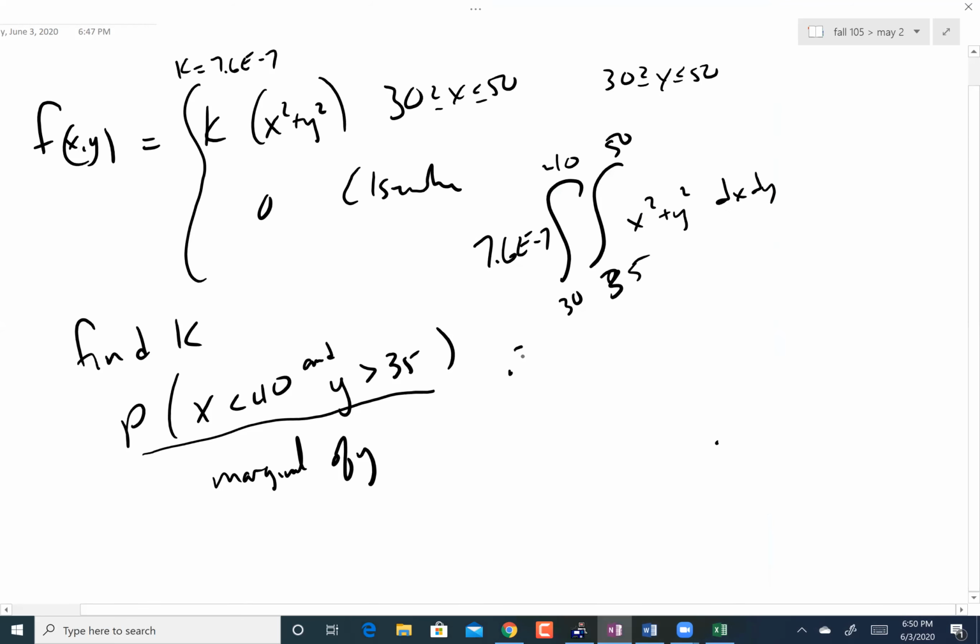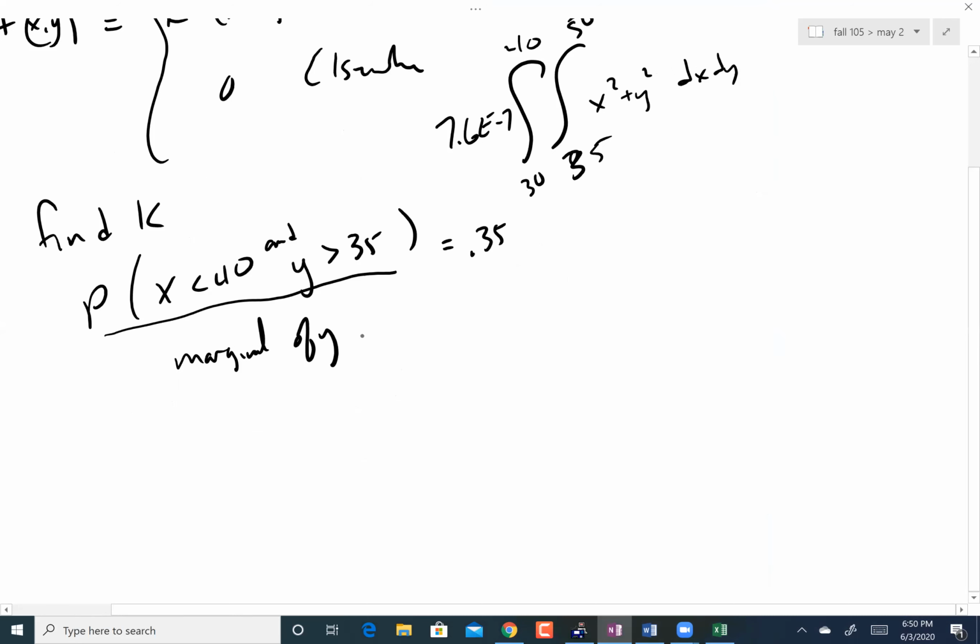Now, how do I find the marginal of y? Marginal of y means that I better end up with a function of y, which means I better get rid of all my x's. So I'm going to take my function and integrate the x's out of it.